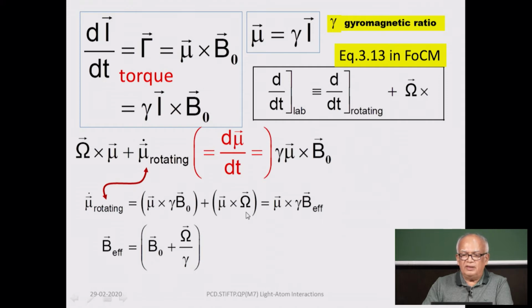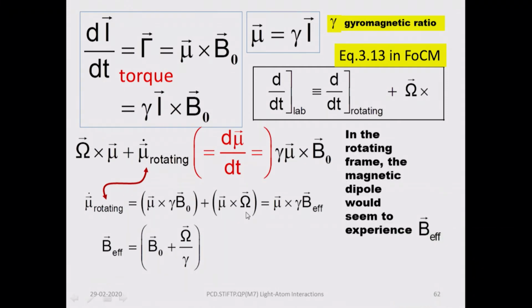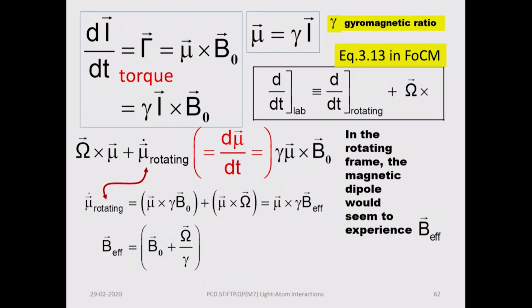That is the equivalence that we get. In the rotating frame, the magnetic dipole would seem to experience an effective magnetic field, which is the sum of the one that is applied plus a term. So this is like the pseudo term that we get in the Coriolis analysis.